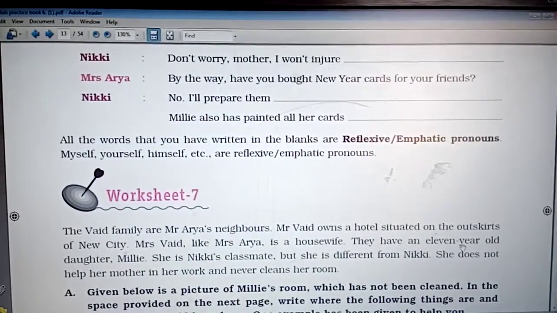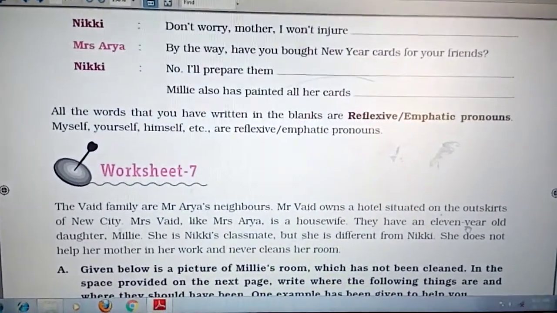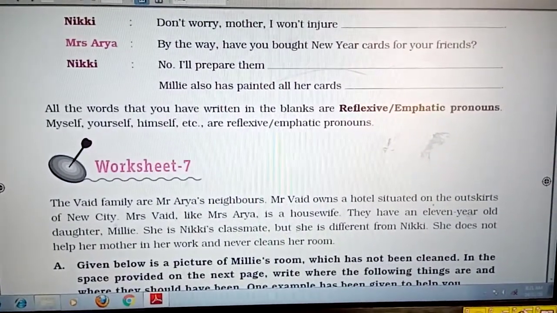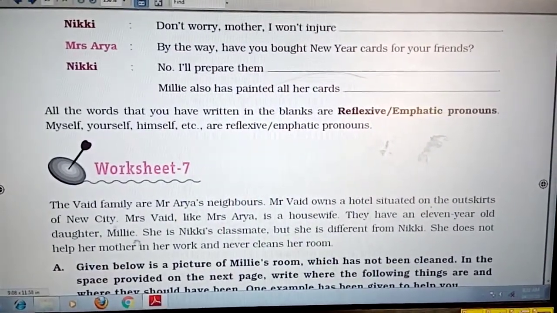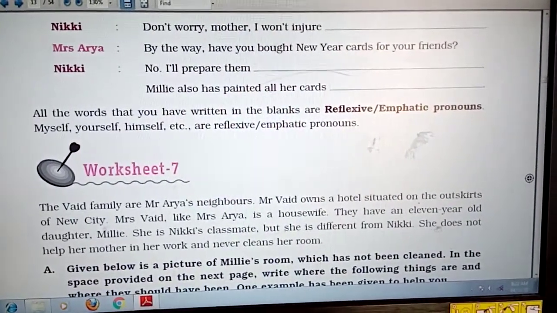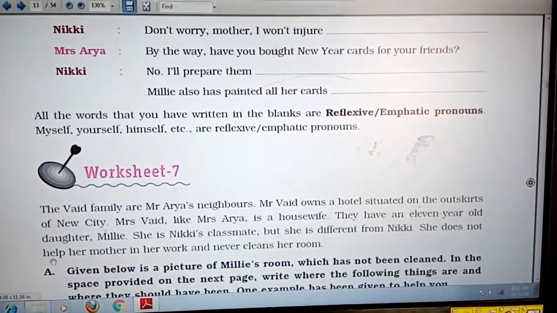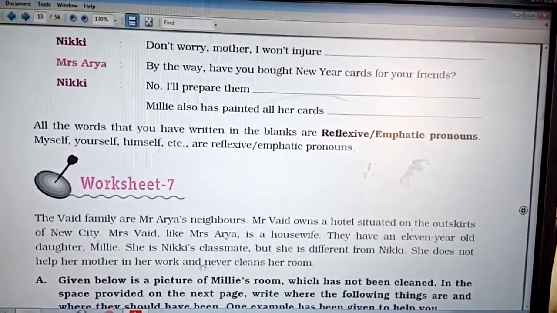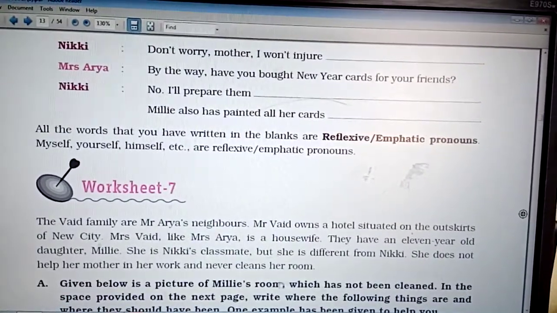Mrs. Vaid, like Mrs. Arya, is a housewife. They have an 11-year-old daughter, Millie. She is Nikki's classmate, but she is different from Nikki. She does not help her mother in her work and never cleans her room.